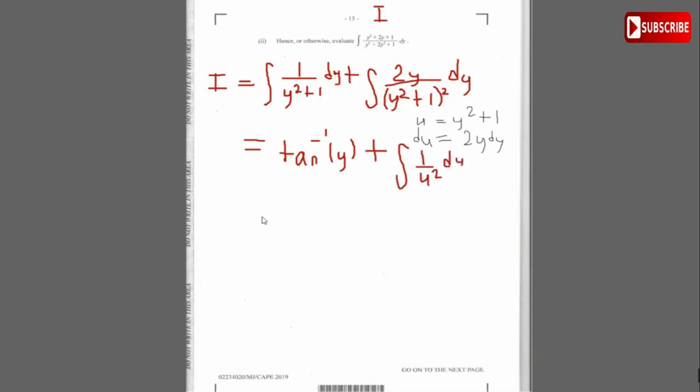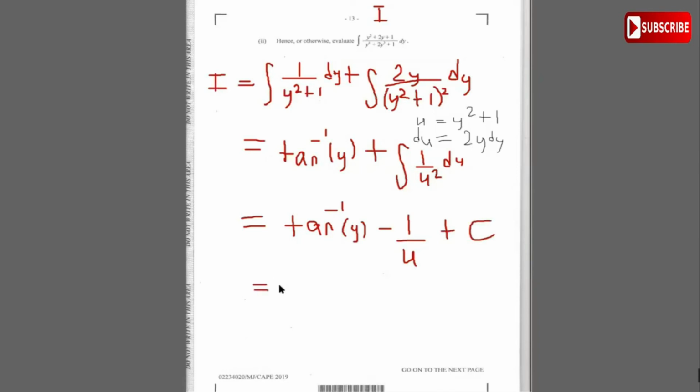And so what we're getting is that I is equal to tan inverse of y plus, now when you're integrating 1 over u squared, that is u to the minus 1. And so you can write it as minus 1 over u. That's what you get when you integrate 1 over u squared. Then remember, when you integrate, you put plus c. But then what was u? U was y squared plus 1.